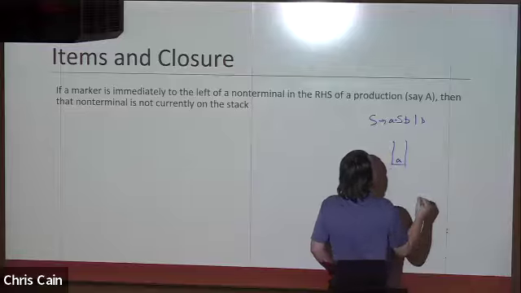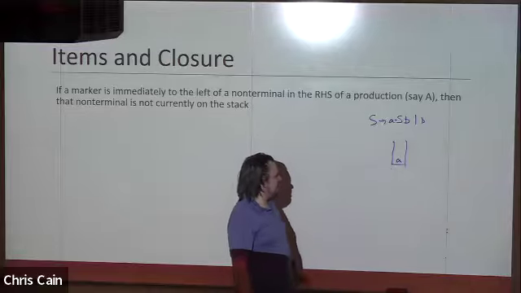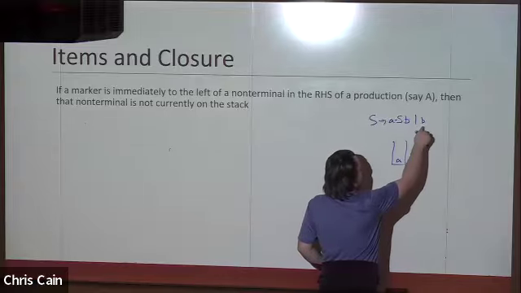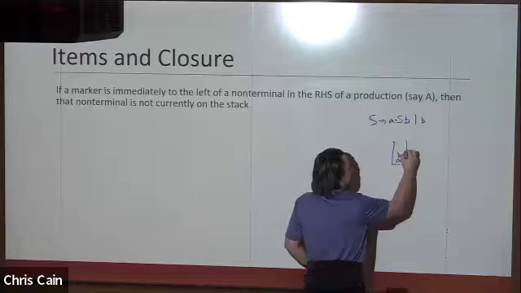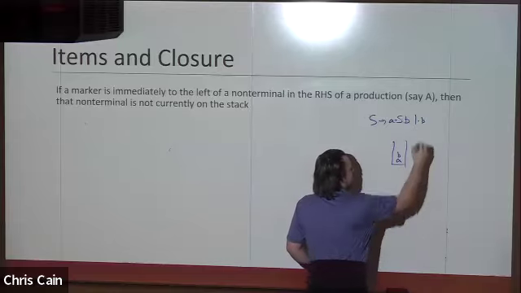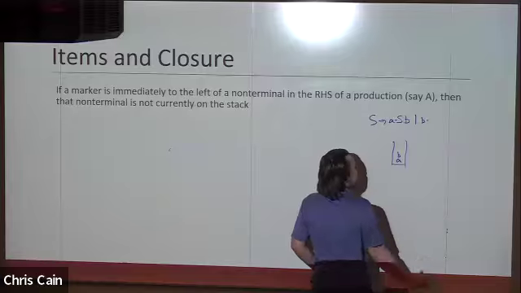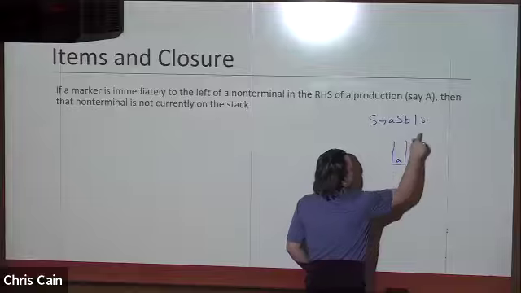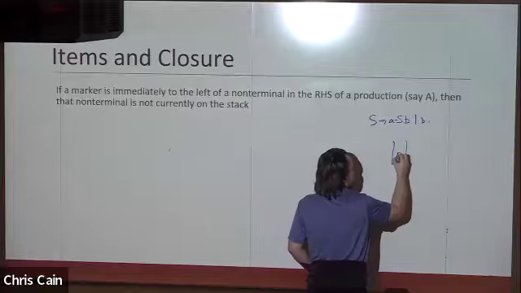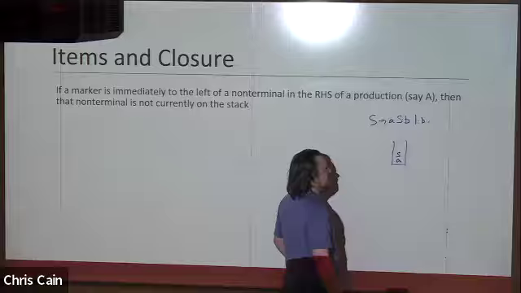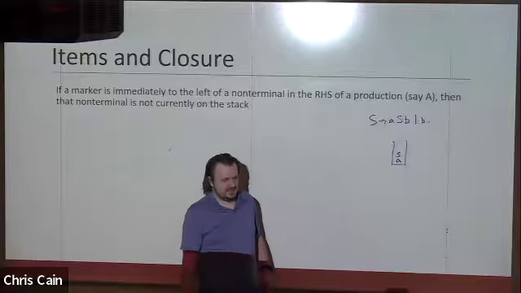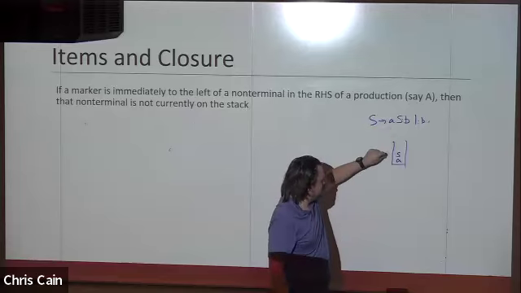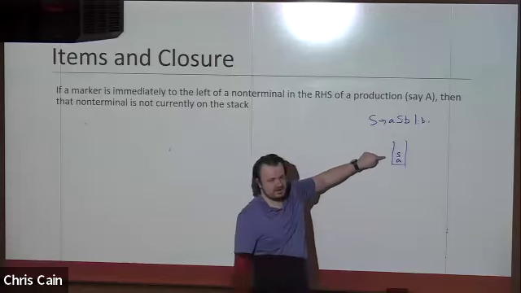Let's say this is a B. In order to move this past this S, what happens if we were to now shift on a B? If we shift on a B, then this marker would go to here, and now we can reduce this B to an S. When we reduce this to an S, we can now move this marker past here, with that S being on the stack. So you have to find a way to reduce to that non-terminal so that when you reduce to it, we can move the marker past that non-terminal.